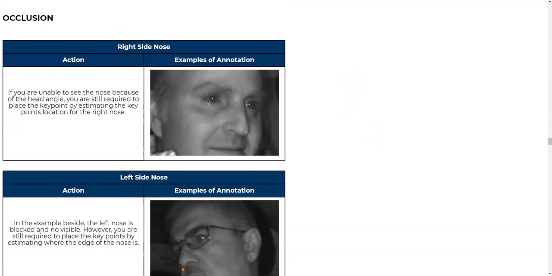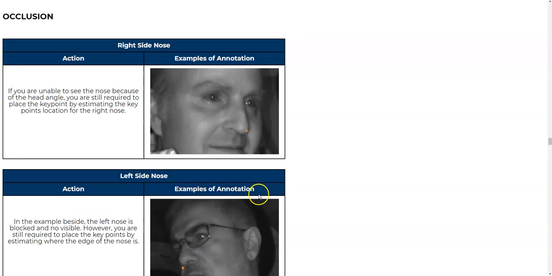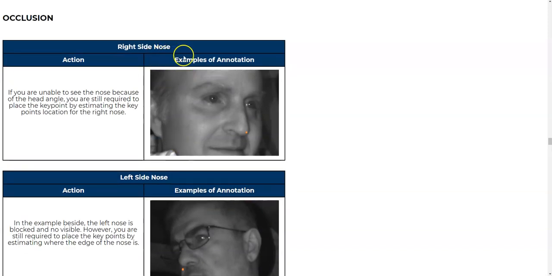Next would be the occlusion that may appear in this task. So you can see the right side nose of this person is not visible because of the head angle. So in case you find cases like this, you are required to estimate the key point location for the right nose.